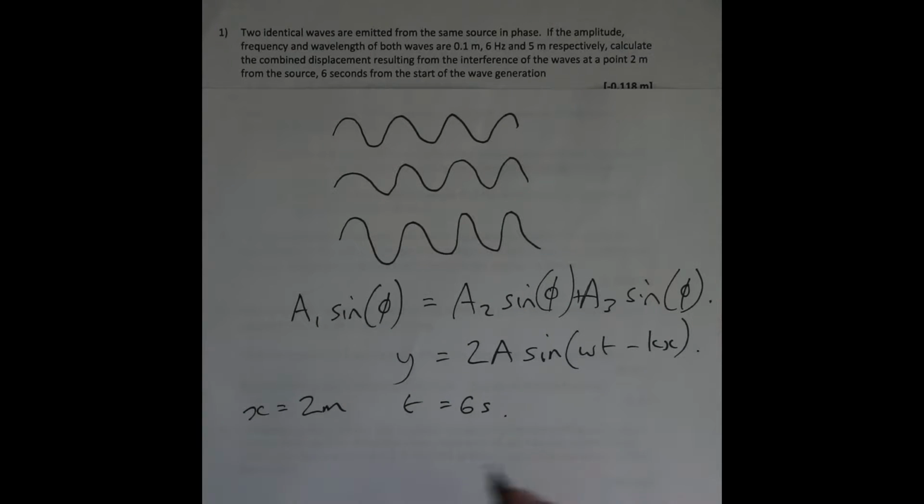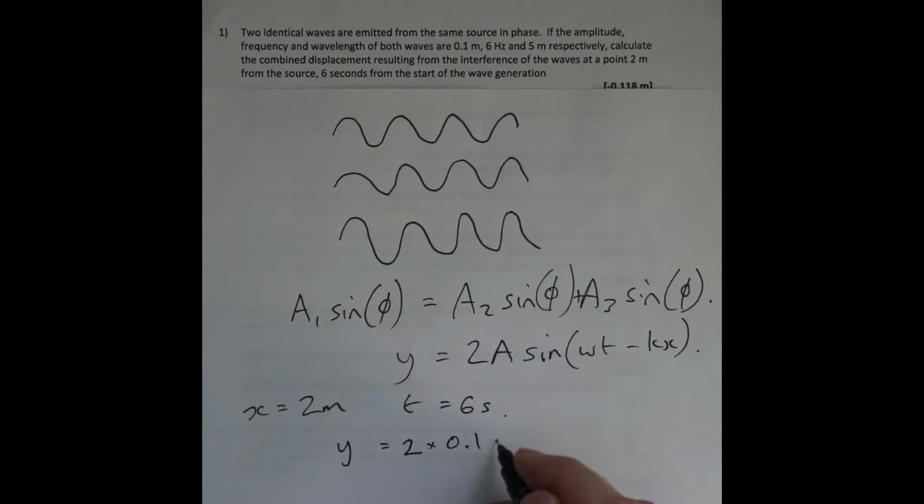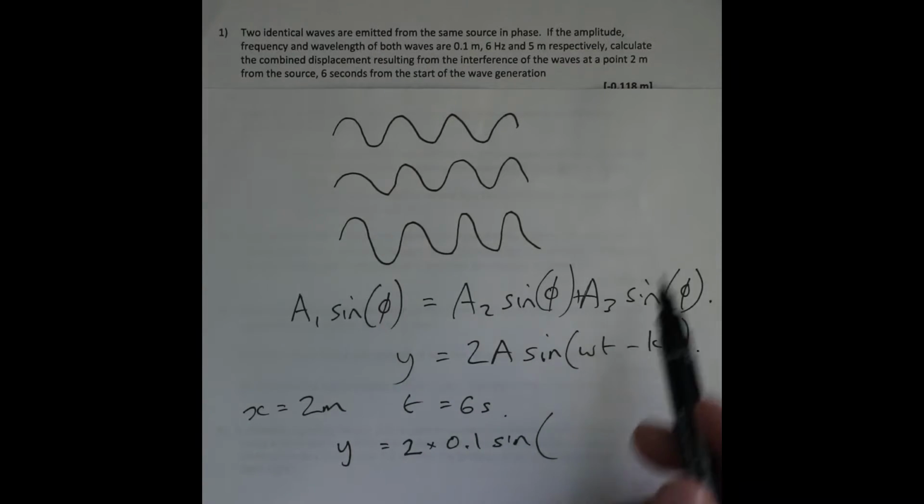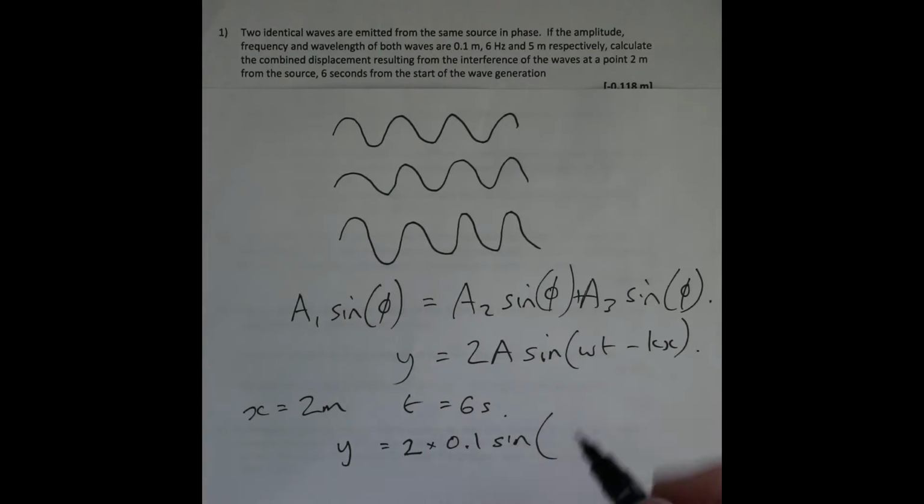So basically let's do that. For this question we've got y is equal to 2 times the amplitude, which is 0.1, sine of omega t minus kx.